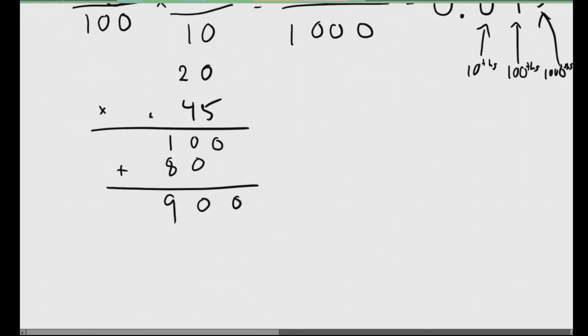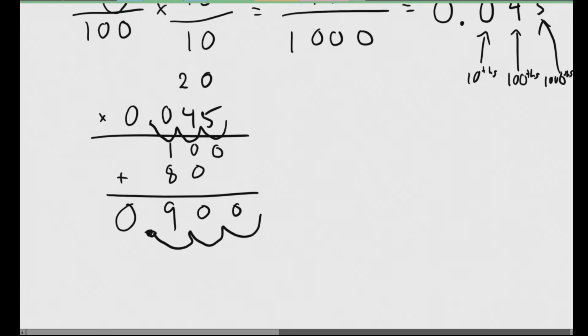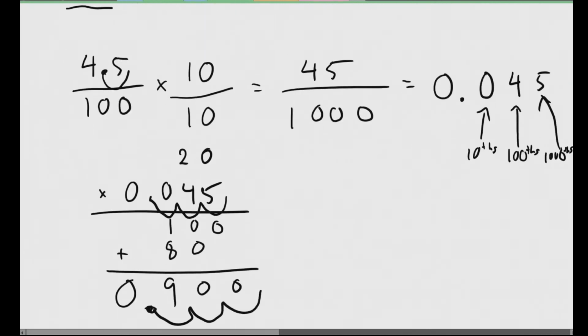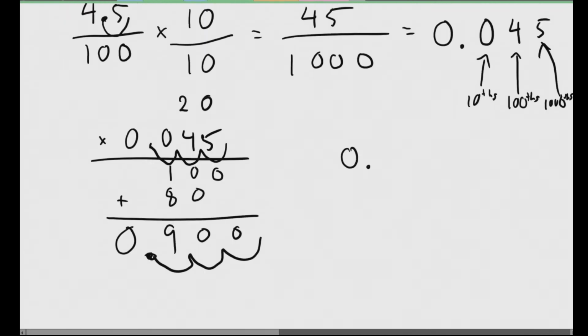And because we had to move the decimal point 1, 2, 3 times, we're going to do the exact same thing over here. 1, 2, 3 times. So now we know that the sales tax on a $20 item is 0.90 or 90 cents.